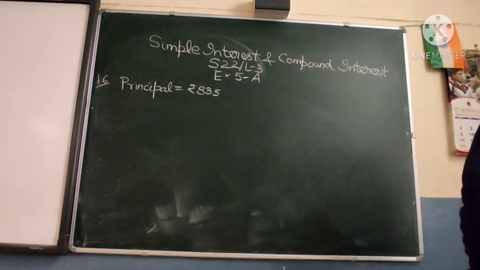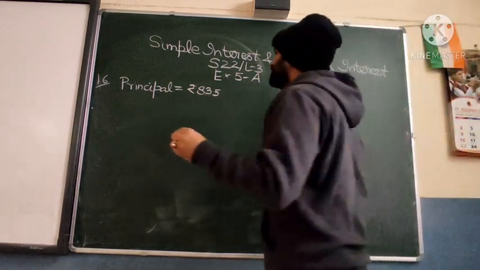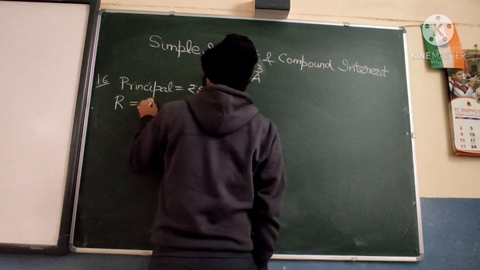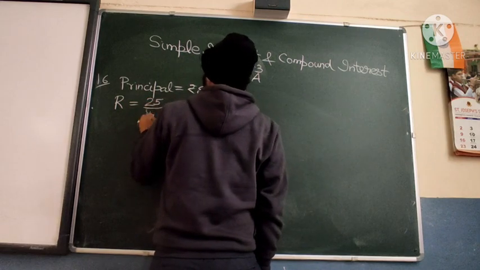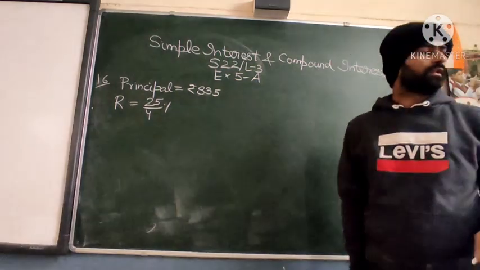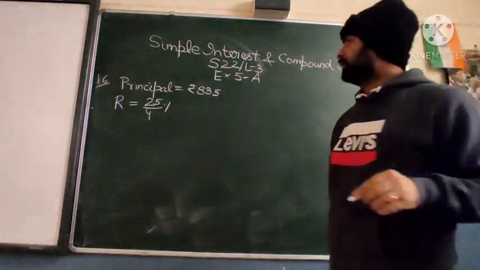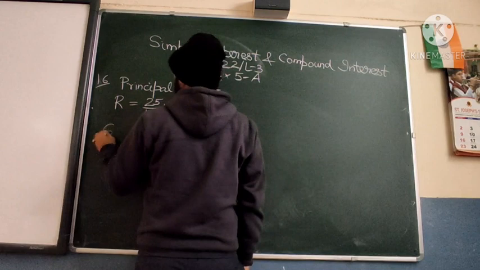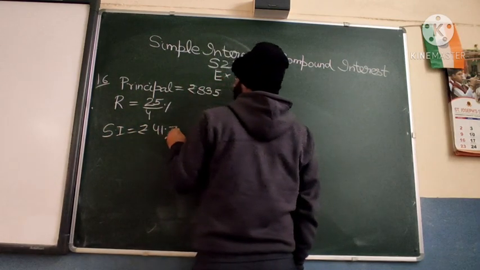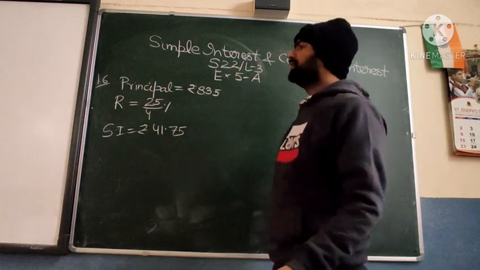Okay. The rate of interest is 25 by 4%. And the simple interest is rupees 41.75. Now see, what all things are given?